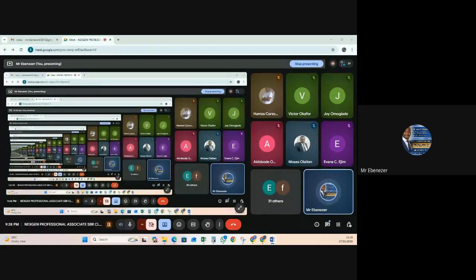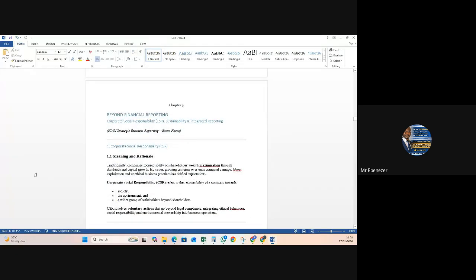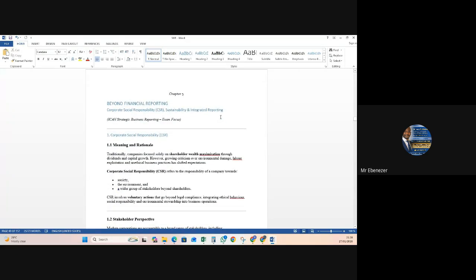But when corporate social responsibility came out, it wasn't mandatory. But some organizations, like the OECD, Organization for Economic Cooperation and Development, and the ICGN, International Corporate Governance Network, were asking so many questions.